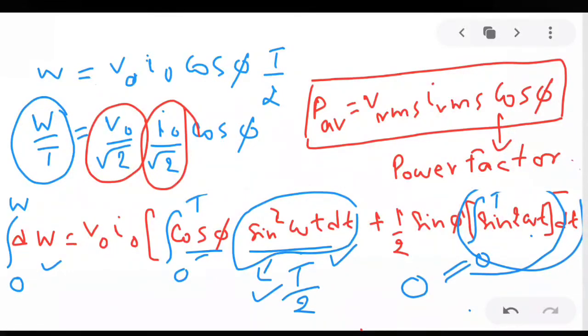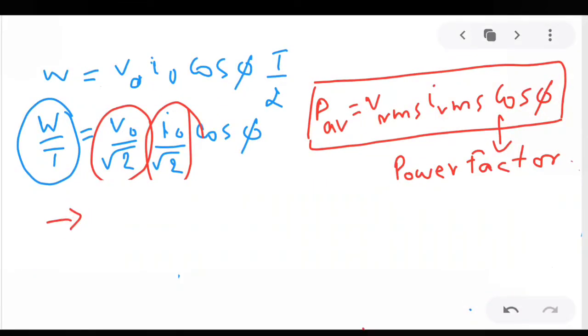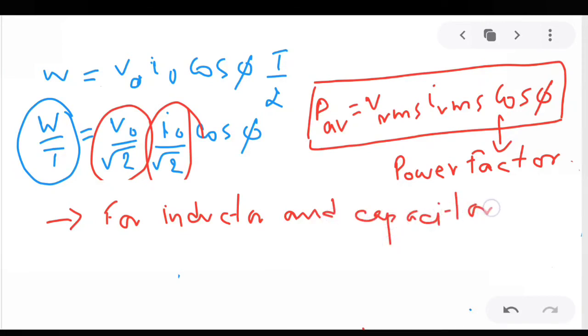Now see, for AC applied through a capacitor or inductor, phi is 90 degree, and when phi is 90 degree, average power will be 0. So say for inductor and capacitor, that general device D which we have represented in the circuit initially, if that device is either an inductor or a capacitor, for both cases phi is equal to pi by 2 radian or 90 degree.